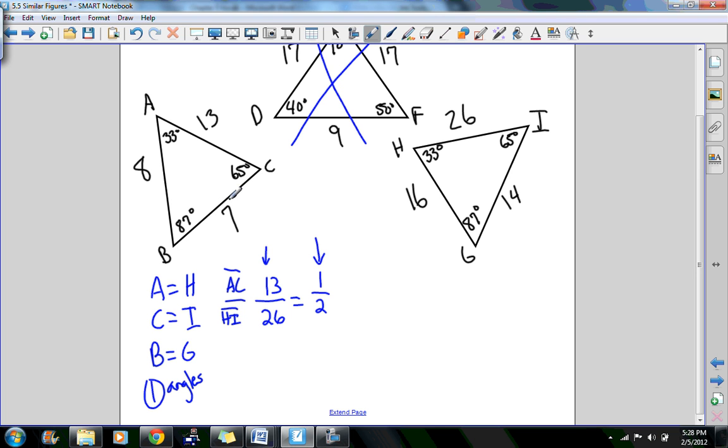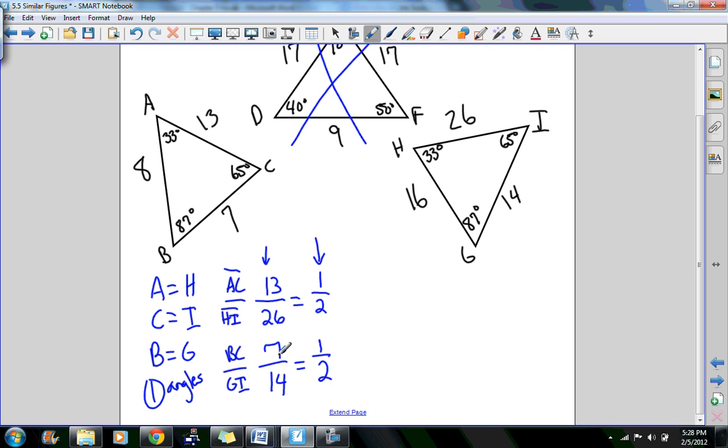So if I look down here at BC, that BC has to match up with IG, which is down here. So I'm going to write 7 over 14. And remember, you don't have to write down exactly what I'm writing here. As long as you're getting the important stuff, that's what matters. So I wrote 7 over 14. And I simplify that down to 1/2 because I can divide the top and the bottom by 7.